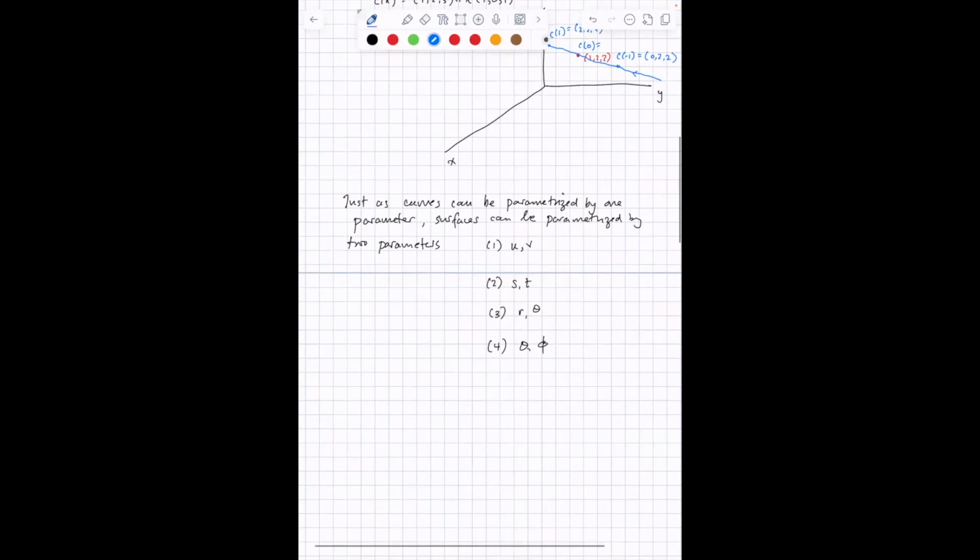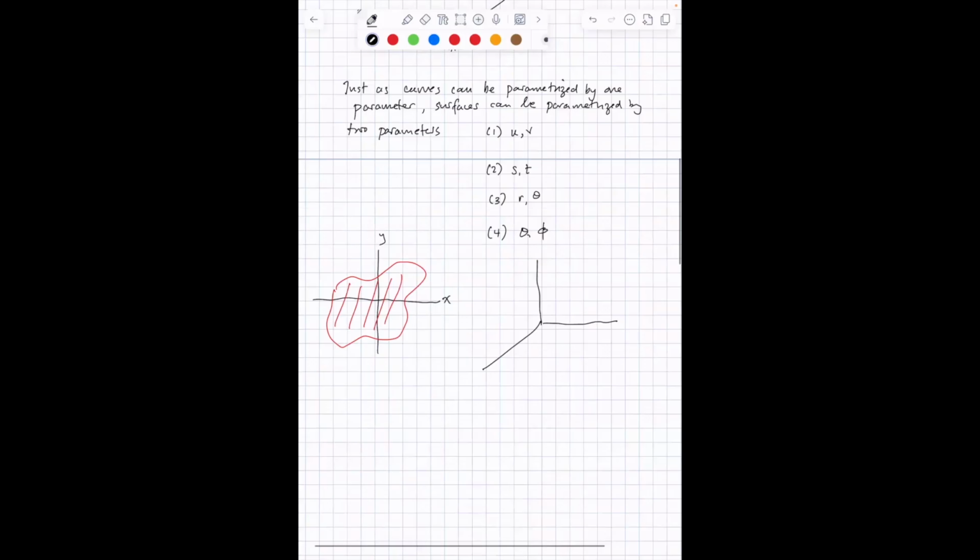So surfaces can be flat, meaning that it can just lie on the xy plane. So here's an example of a surface just lying in the xy plane. Or it could lie in multiple dimensions greater than 2, say 3 dimensions. It could look like a bent surface like this.